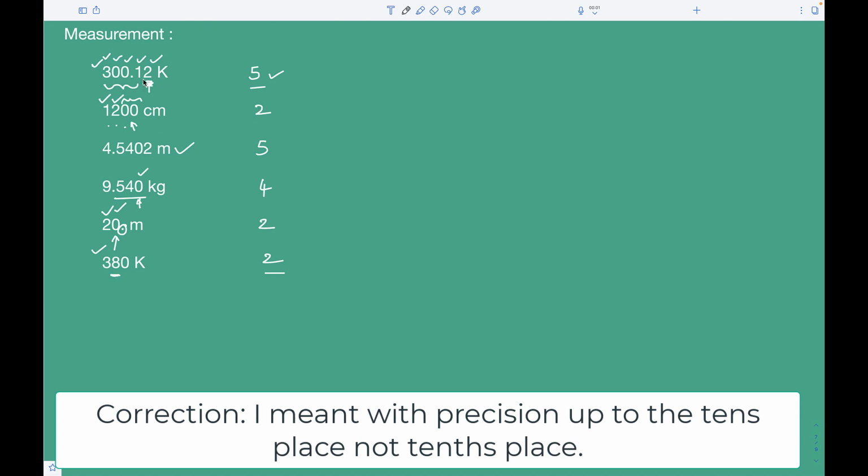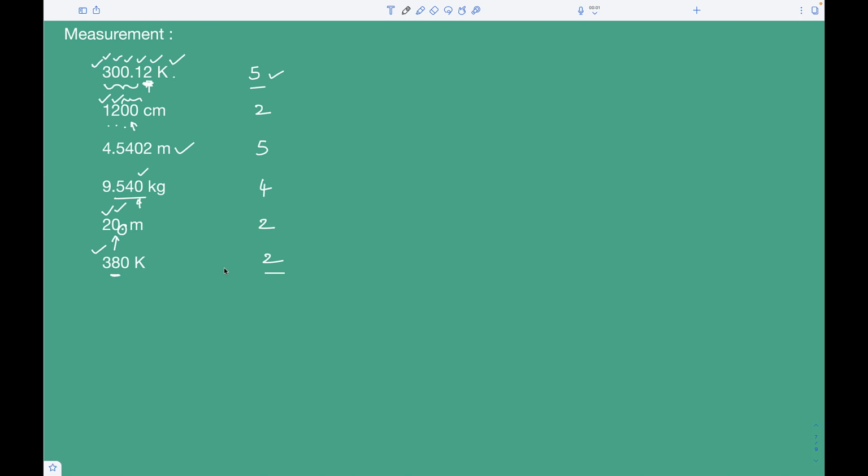So, we know the temperature more precisely in this case than in this case. So this measurement is more precise than this measurement. So number of significant figures indicates the precision of the measurement. The more the number of significant figures, the higher the precision of the measurement.